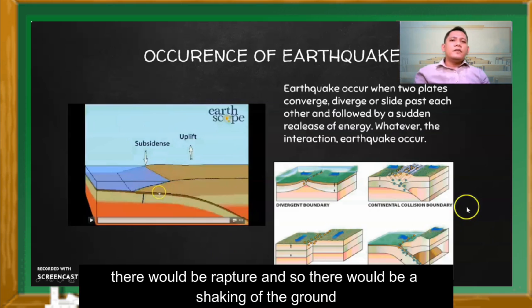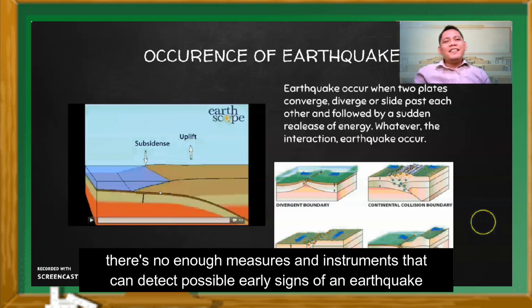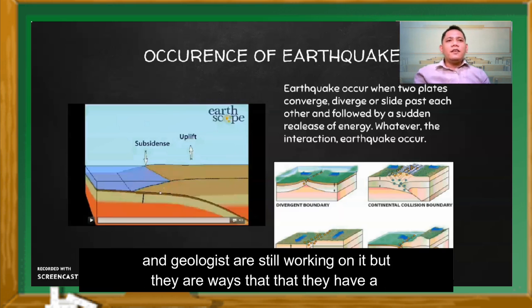Okay, so you might ask when and where the next earthquake will happen. The safest answer is: only God knows. There are not enough measures and instruments that can detect possible early signs of an earthquake, and geologists are still working on it.